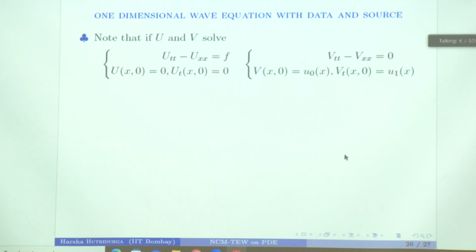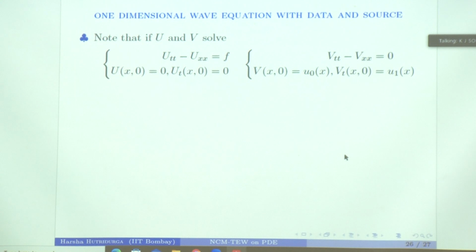The most general initial boundary value problem for the wave equation will look like u_tt minus u_xx is equal to some function of x and t. U of x comma 0 is some function u0 of x, and u_t at x comma 0 is some function u1 of x again. So there is no zero data here. There is a source term, and there are these initial values which are also given.